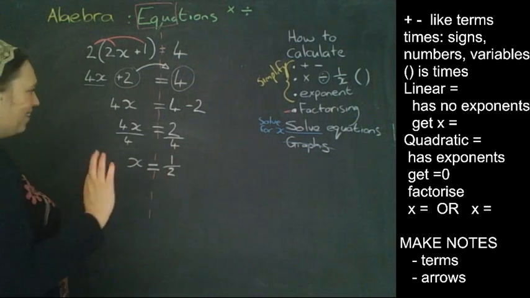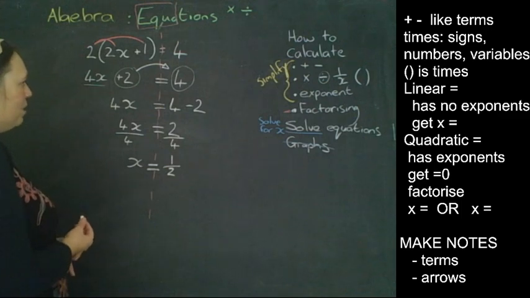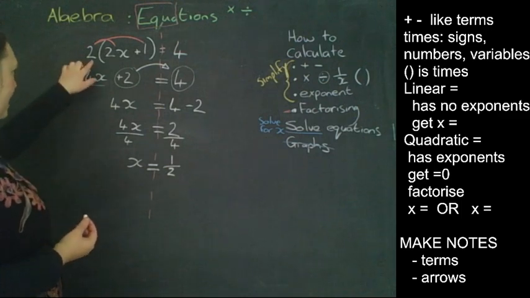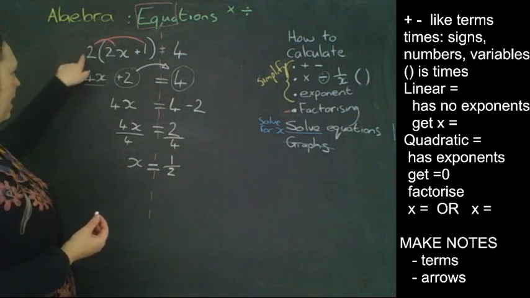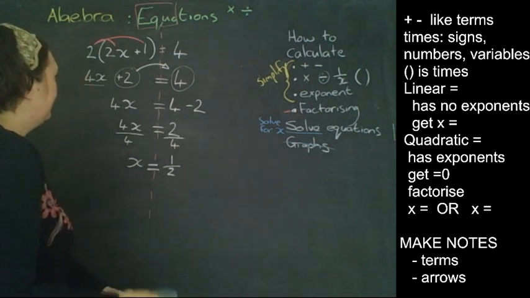Right. Now, let me show you another way of doing this. Basically, what I'm going to do now is instead of multiplying in, I'm going to divide that 2 away. Let me show you.